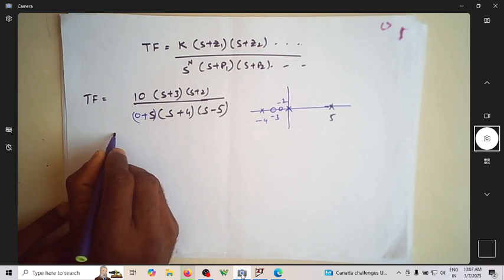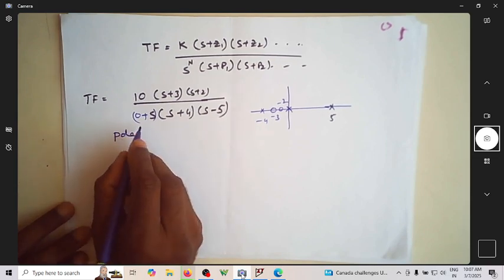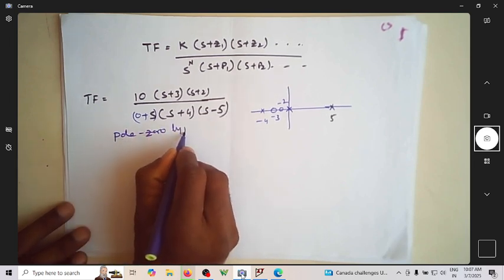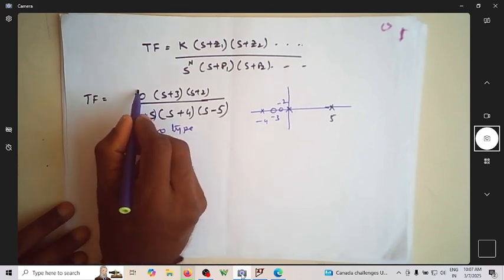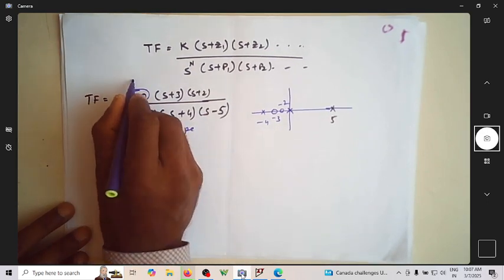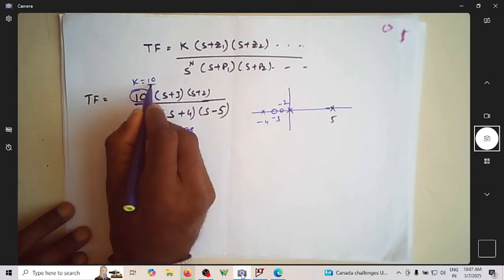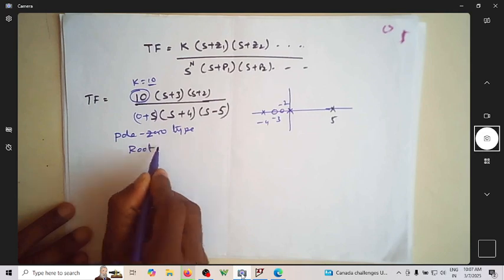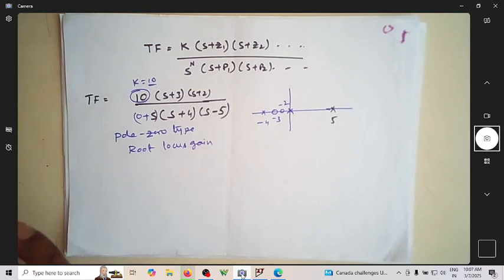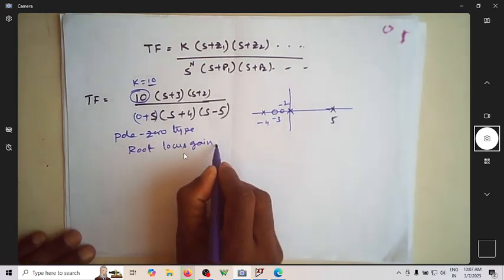This is called the pole zero type of transfer function. And the k here, suppose k is equal to 10, I will call the root locus gain, because k is usually a gain parameter. So the root locus gain is 10.